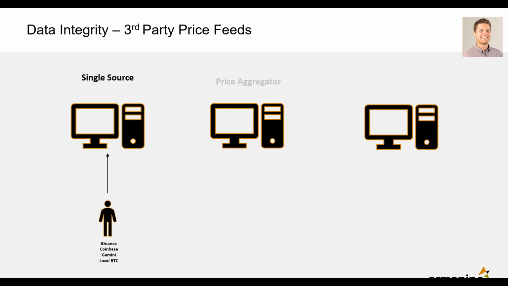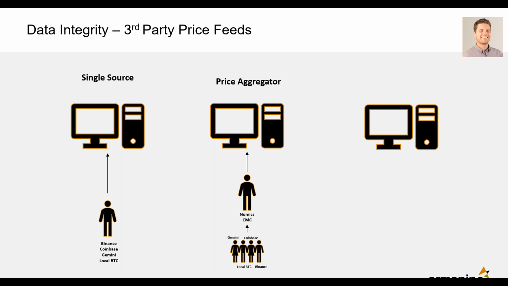Good work. The next type of third-party price feed that we see is using a price aggregator. What an aggregator does is it compiles information from different sources into a single point that you can pull, making your life a whole lot easier. Examples of these are Nomics and CoinMarketCap. We see these used in crypto accounting solutions and by other exchanges to price their currencies.